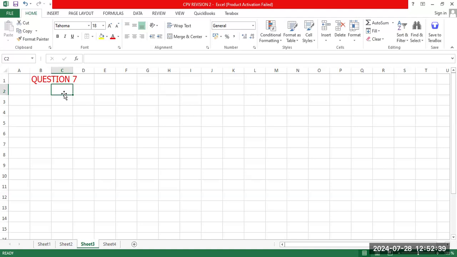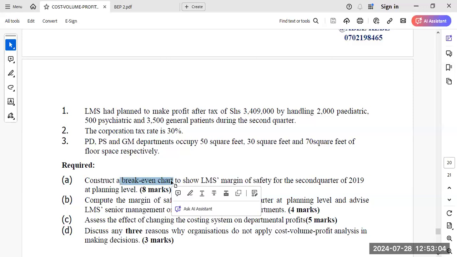We need to interpret this together very fast. So what you will do is just make the table, because it is the same scenario. You see this question, it is the same scenario. Part A, break-even chart. We need a break-even chart. You need the coordinates. Just a summary.